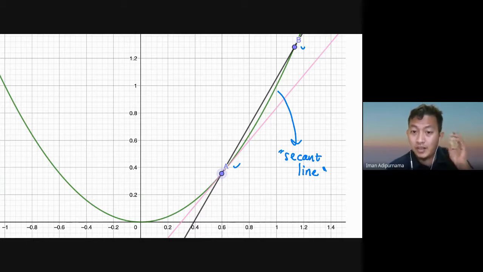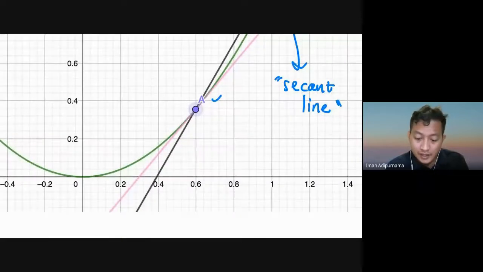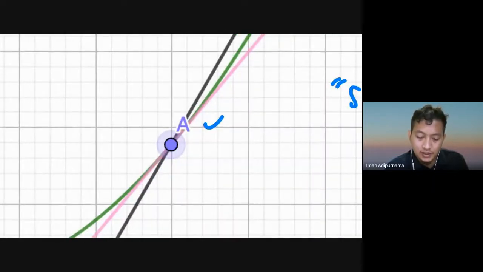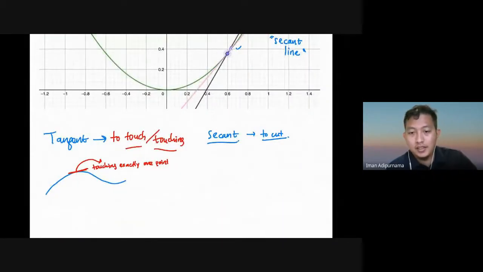If you hear the words secant, tangent, this is what it means. The secant line means that the line is cutting the curve. The tangent is a line that is touching 1 point. For this case, it's touching at the A. Hope you get the idea. That's basically the definitions, right?